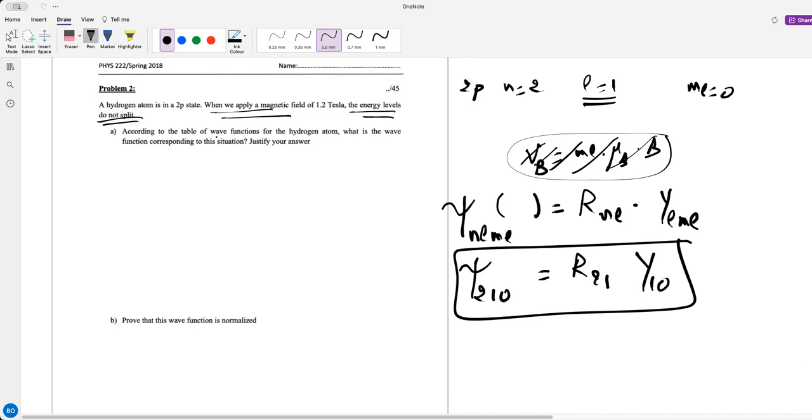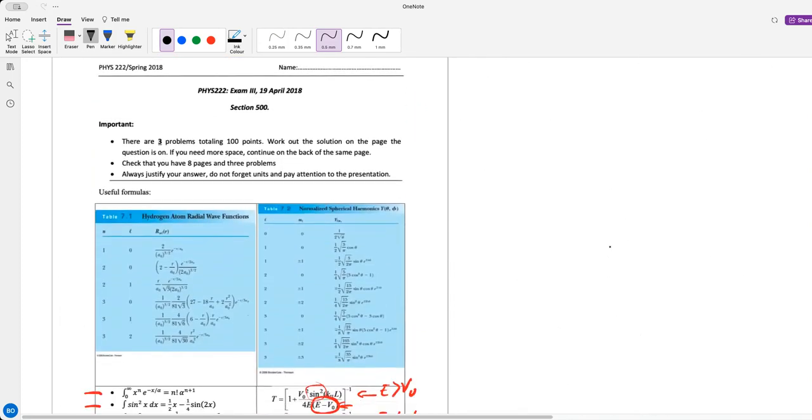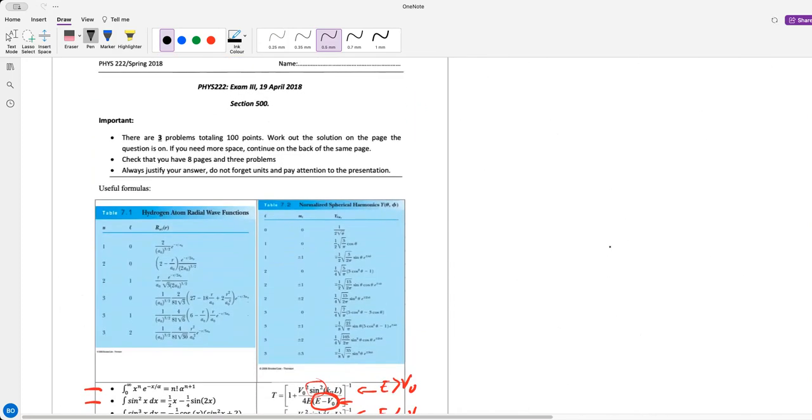So according to the table of the wave function, what is the wave function corresponding to this situation? Let's look at R21. It's r exponential minus r over 2a0.